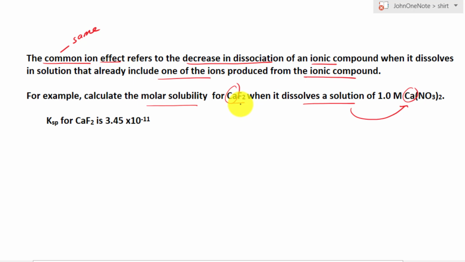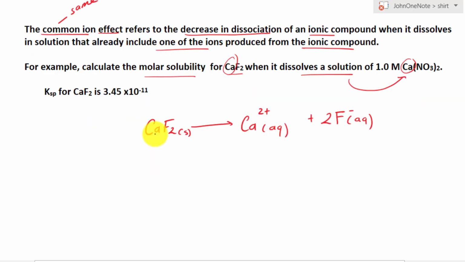So let's look at this in terms of Le Chatelier's principle. So we have the chemical reaction CaF2. If we look at this balanced chemical reaction, we notice that the solution already has calcium. It's just like we're adding calcium to the reaction. One way we can think of how the calcium ions affect the solubility of calcium fluoride is that this calcium is pretty much being added to the chemical reaction.